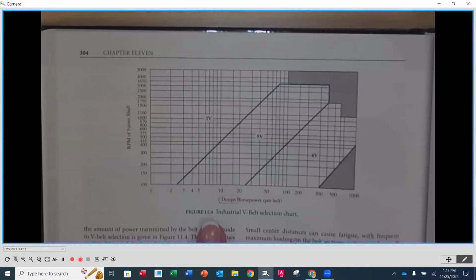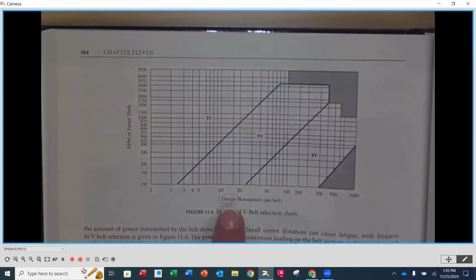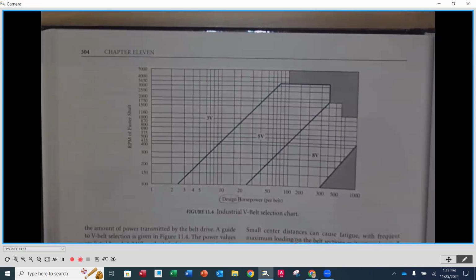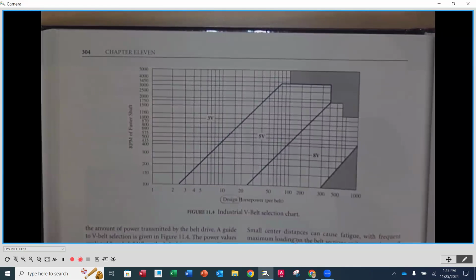Given 50 horsepower and the speed coming out of the motor at 1725 RPMs, find the appropriate size belt. Everybody should be looking in their book and finding which belt size is appropriate here.